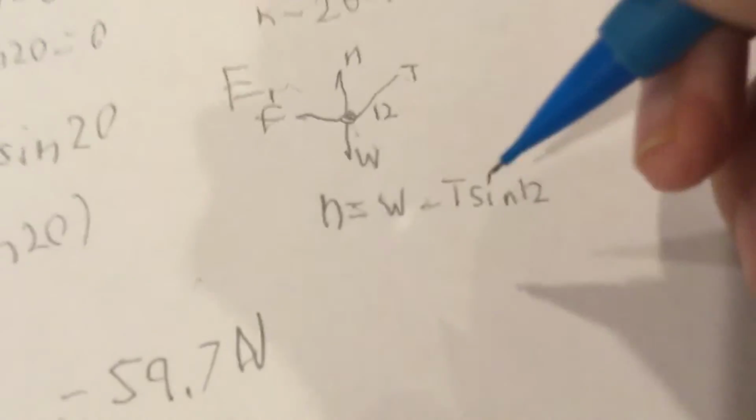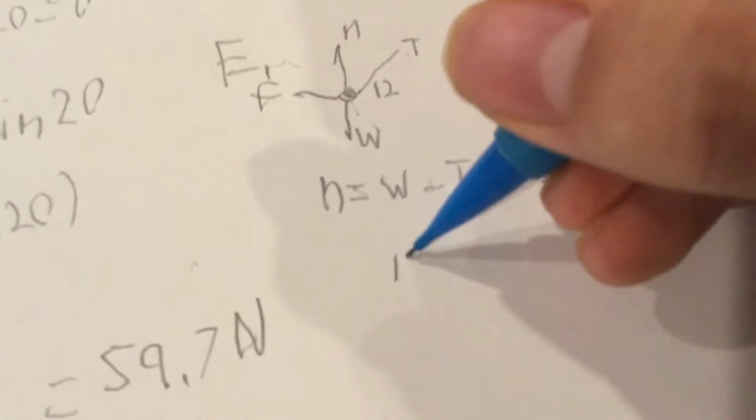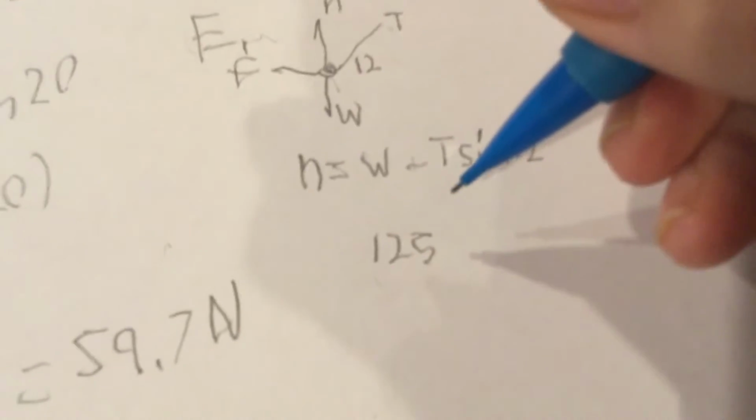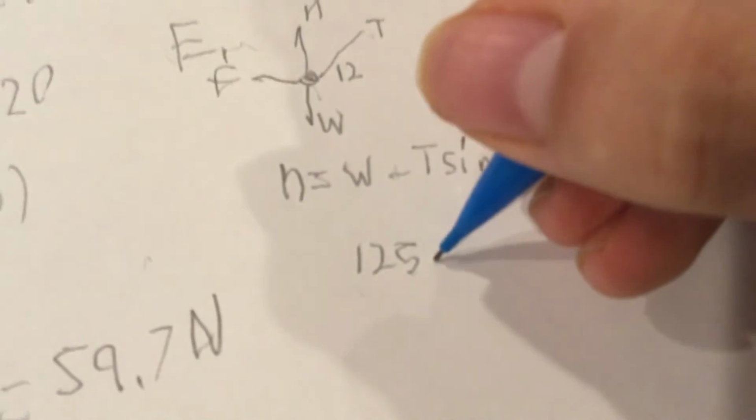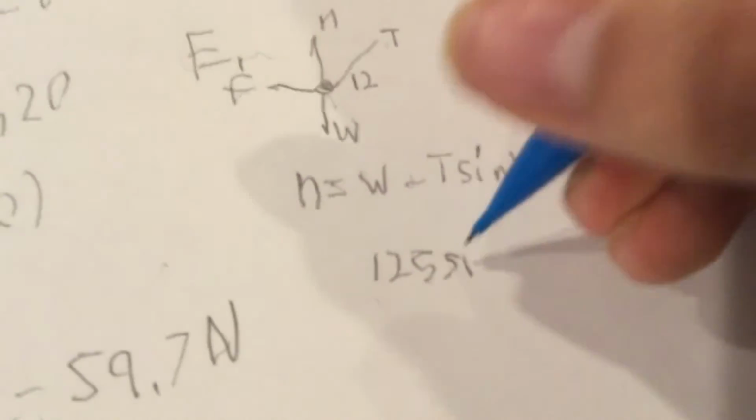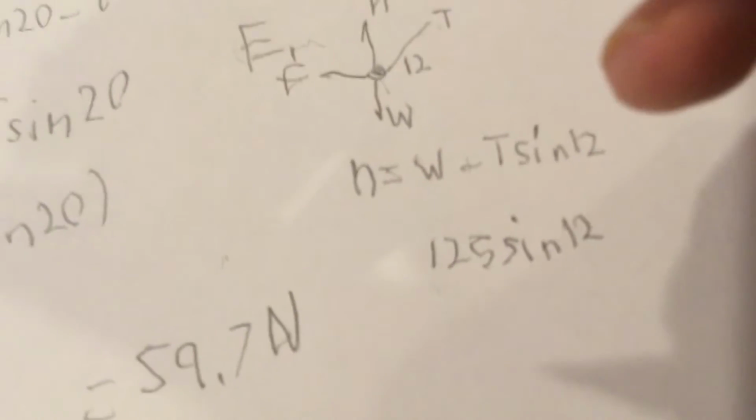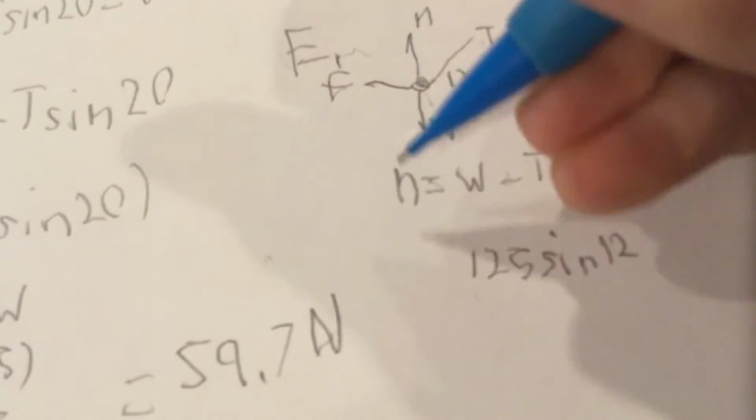Okay, and then we just plug in the numbers. 125 is the tension of the rope, sine 12, and the weight is going to be 485.